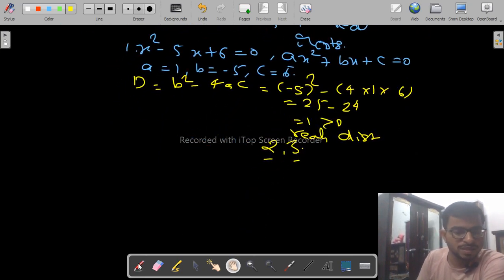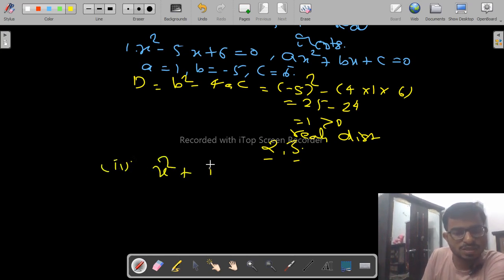Now let us take one more example. Suppose we have the equation x square plus 4 equal to 0. When you compare it with the standard equation ax square plus bx plus c, you get a equal to 1, and since there is no term of x, b equals 0, and c is equal to 4.